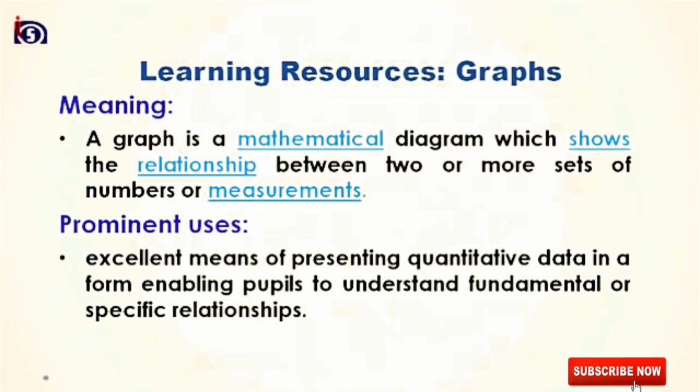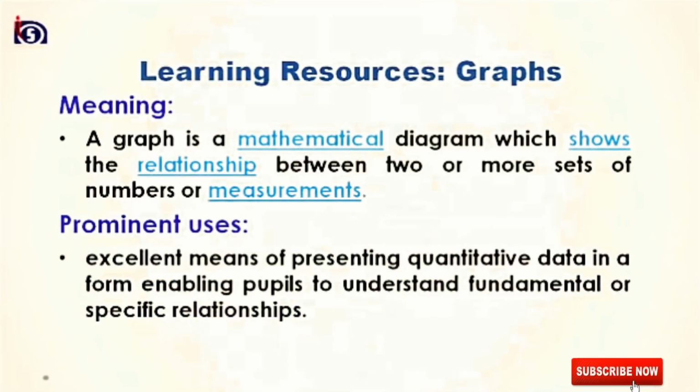When we talk about graph, what does the term graph literally mean? The graph is a mathematical diagram which shows the relationship between two or more sets of numbers or measurements. Graphs could be two-dimensional or three-dimensional also. Mainly the graph is a mathematical diagram that shows the relationship or the interaction between two sets of data or measurements.